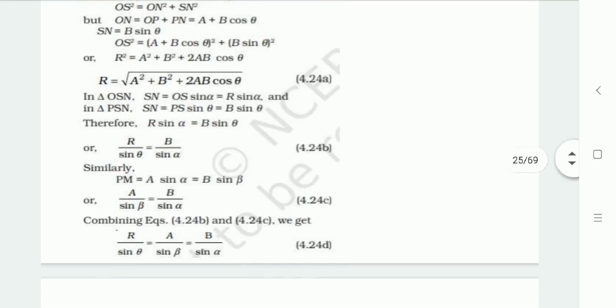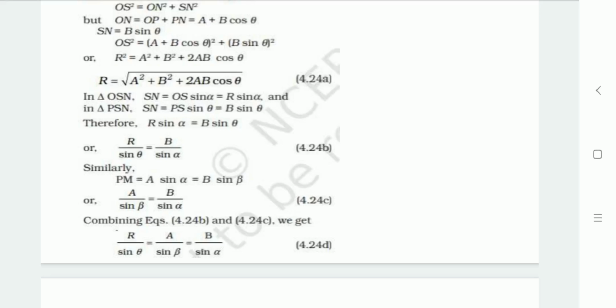All these three values are the same. As you can see, we have R upon sin theta equals B upon sin alpha from equation 4.24b, and in 4.24c you can see that B upon sin alpha equals A upon sin beta. So ultimately, we can also say that R upon sin theta equals A upon sin beta.